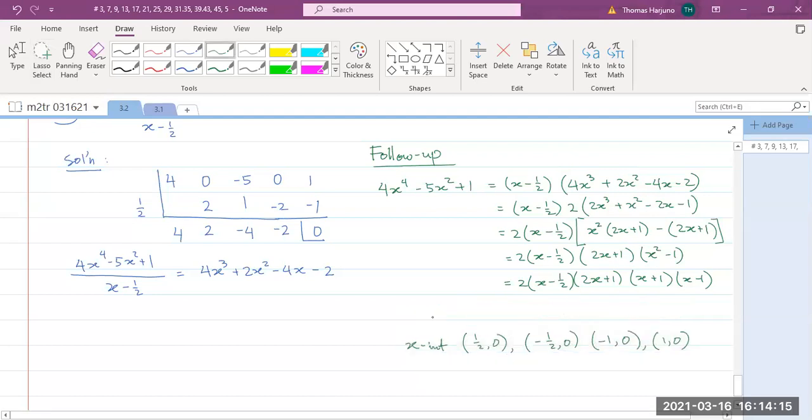The zeros are x equals 1/2, x equals negative 1/2, x equals negative 1, x equals 1.